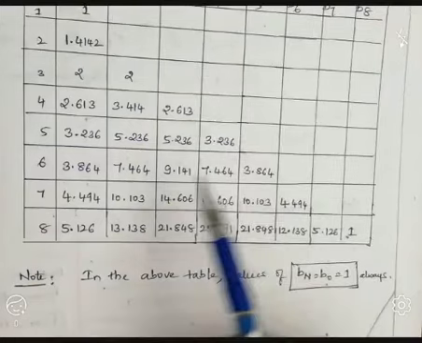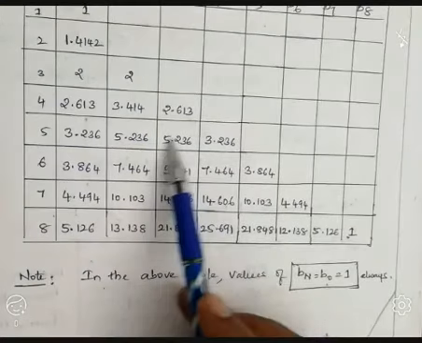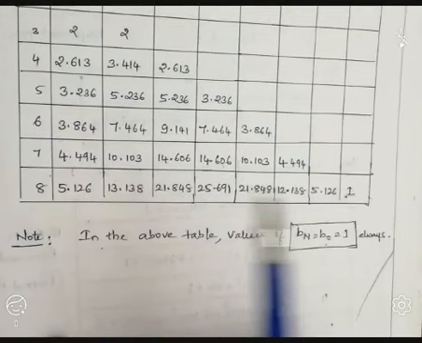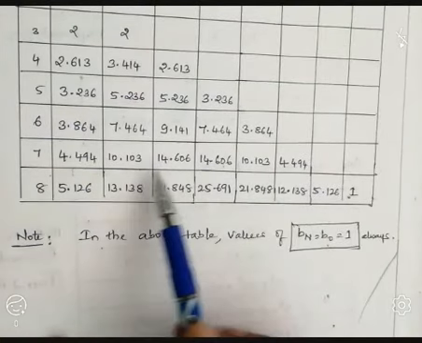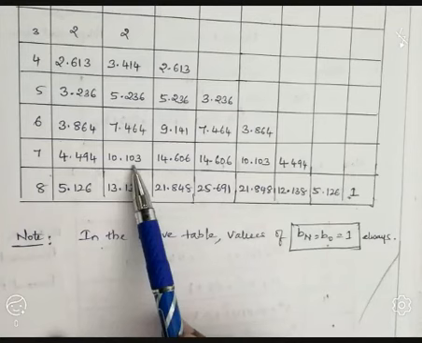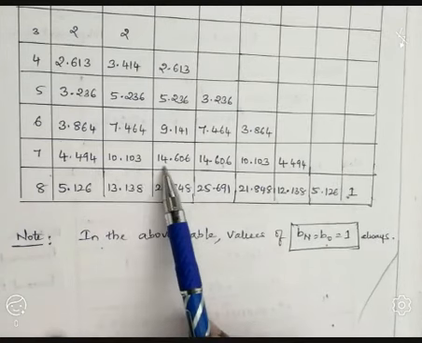Then 7.46, this is equal to this one, and this is 9.141. Similarly, n equal to 7, simply we can remember this by using this idea: 4.494, and this is same. 10.103, this is same. 14.606, this is same. Similarly, the last value n equal to 8, 5.186, same.